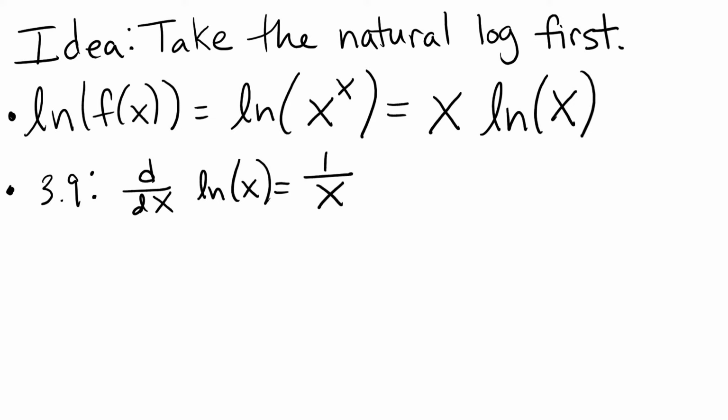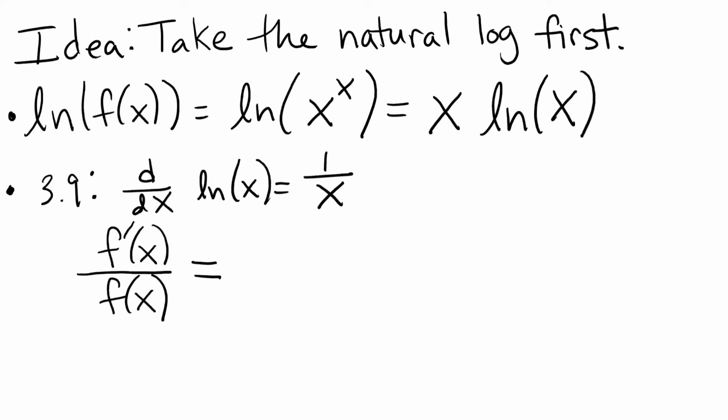That's going to be useful on both the left and right sides here. On the left side, we have ln composed with another function f. So the chain rule says to differentiate this whole thing here, the natural log of f of x, we have 1 over f of x times the derivative of f of x. That's what the chain rule tells us we have to do.